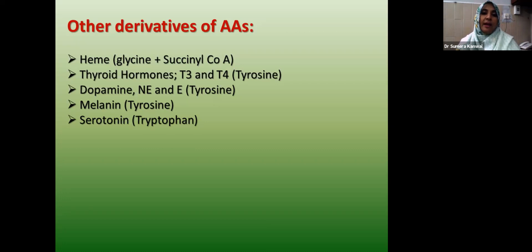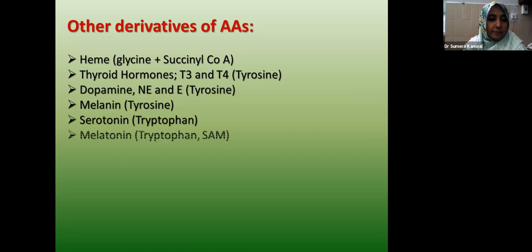Serotonin is synthesized from the essential amino acid tryptophan. Deficiency of tryptophan leads to deficiency of serotonin, and serotonin is involved in the regulation of mood. So deficiency of serotonin is usually characterized by depression.